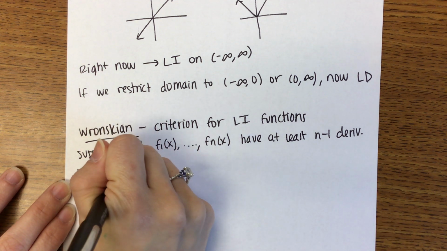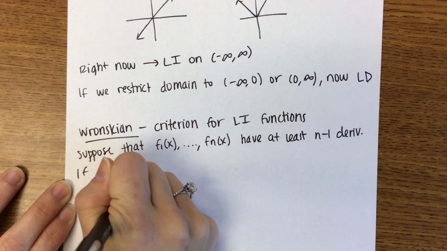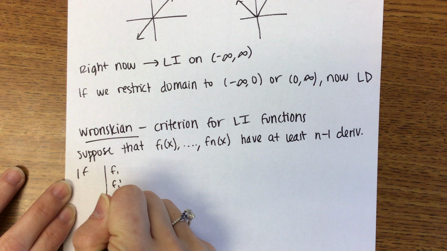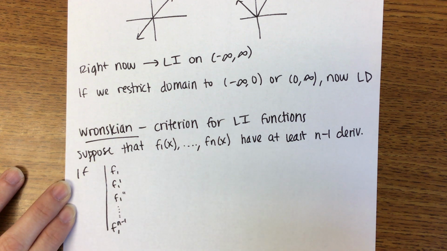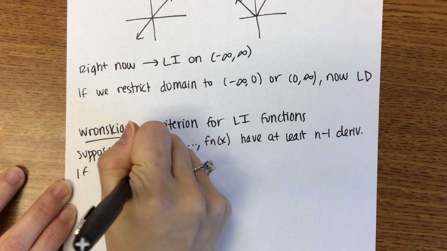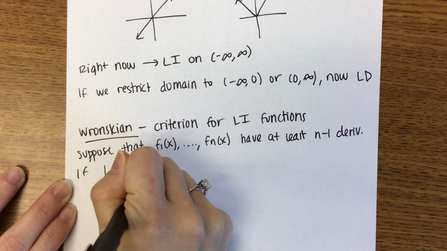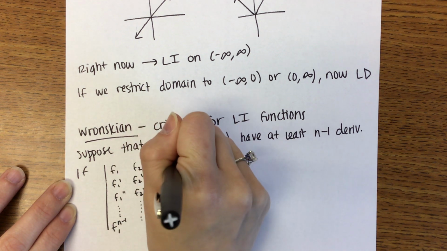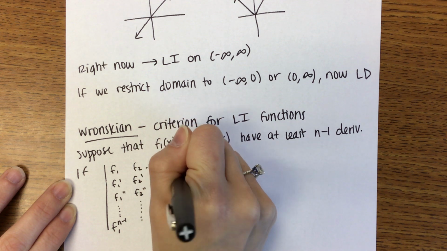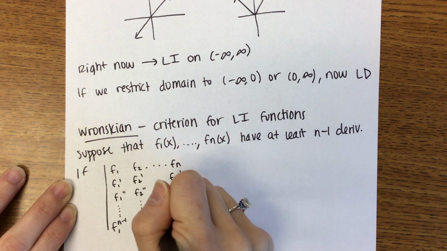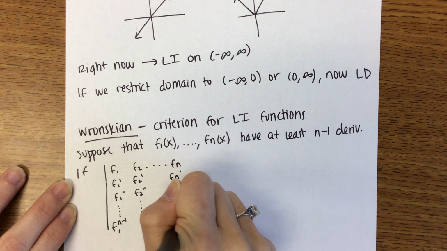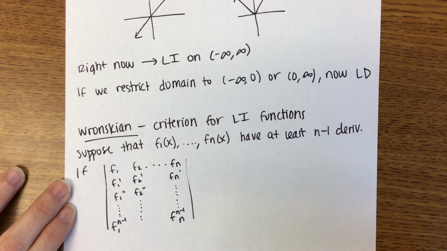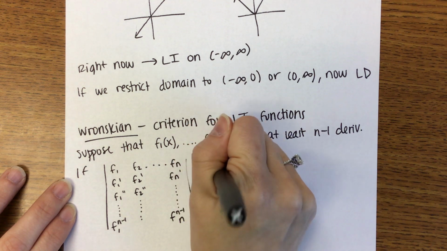It's going to be f1, f1 prime, f1 double prime, all the way up to the n minus first derivative. This will be f2, f2 prime, f2 double prime, etc. All the way up to fn, fn prime, all the way down to the n minus first derivative of fn.